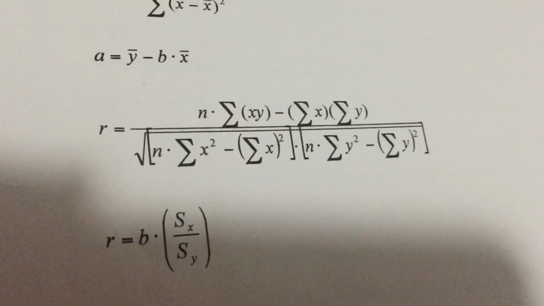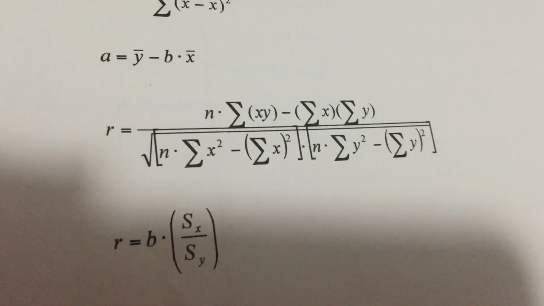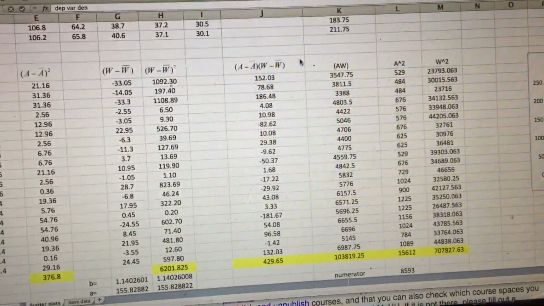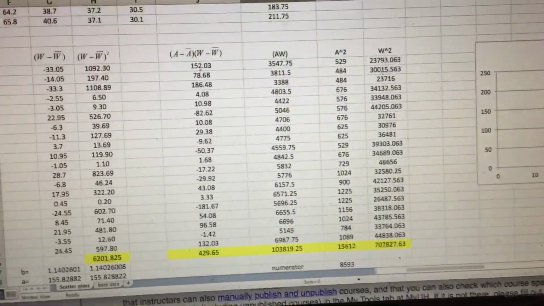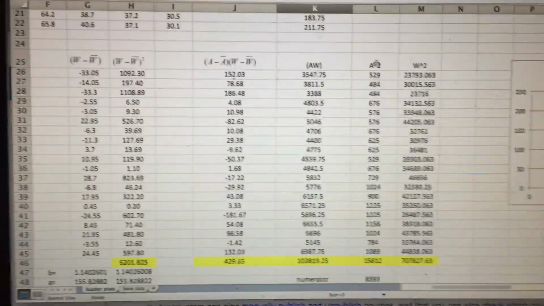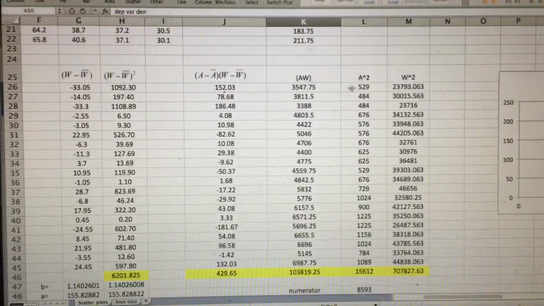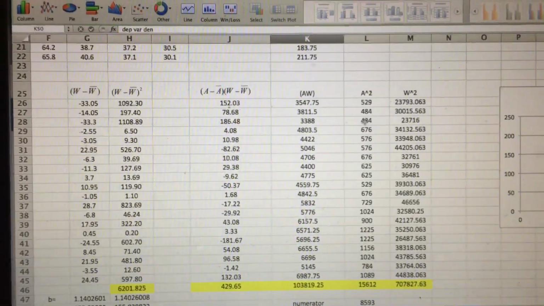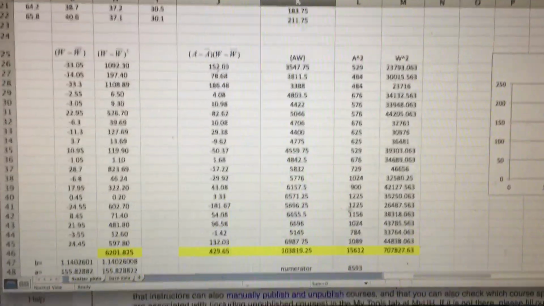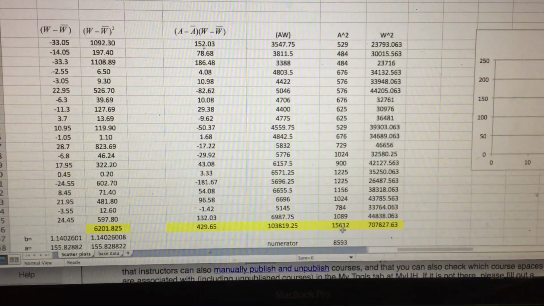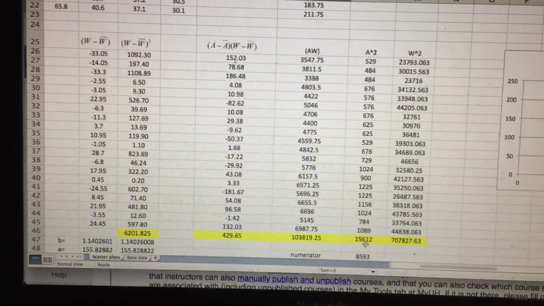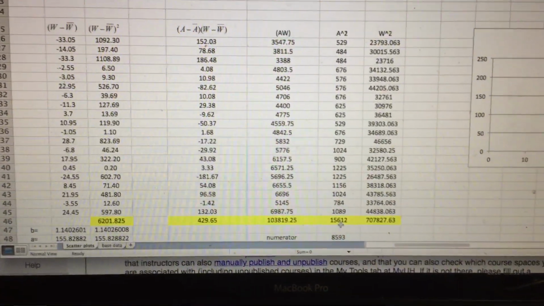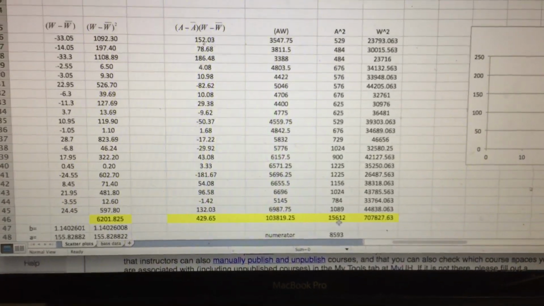Times the sum of x squared, where x is again our independent variable, which is a, and we had done that already. We had already figured out each one of the ages squared, then we summed it all up. So we got the sum of 15,612, right?